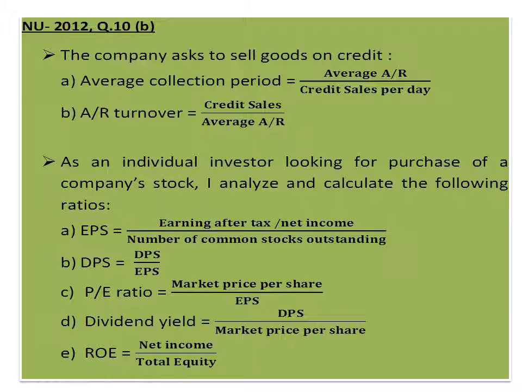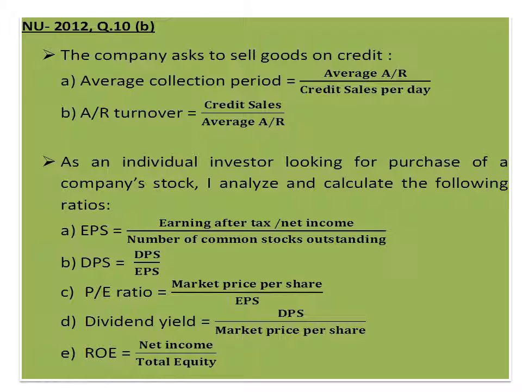As an individual investor looking to purchase a company's stock, I analyze and calculate the following ratios. The answer is requirement 2. EPS, earnings per share, equals earnings after tax or net income divided by the number of common stocks outstanding.